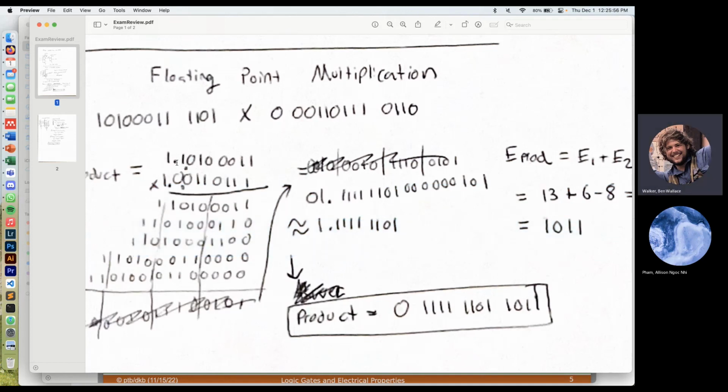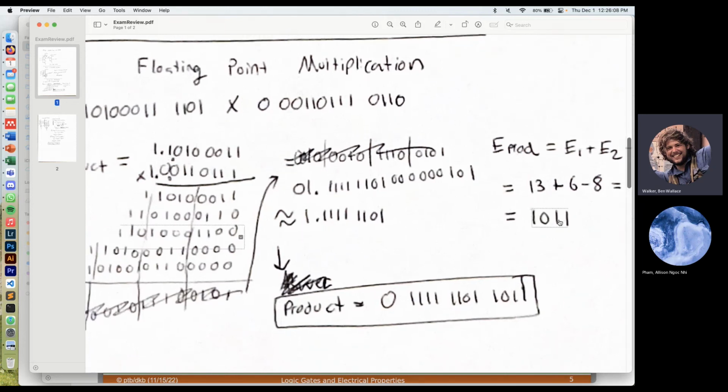You add the number of spaces to the left, so you end up with a 0 1. If this were a 1 0, then we'd have to shift the 1 to the left, and you'd have to add 1 to the exponent. But here, we just have to cut off the leading 0, so we're not touching the decimal place.